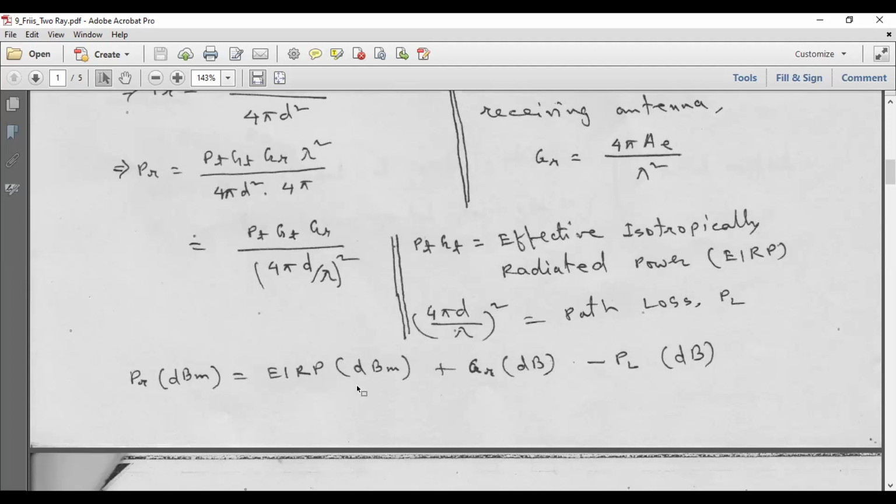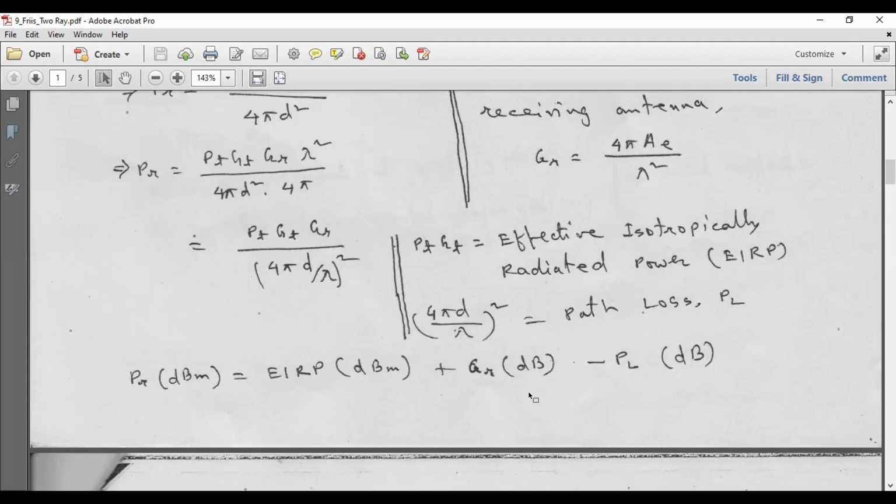Now only one of these terms has 1 milliwatt, and that is usually PT or PTGT. When you keep 1 milliwatt, the practice is that you keep it with PT or PTGT. That's EIRP. The term which has the 1 milliwatt in the denominator, using that part as your reference, should be shown as dBm, while the rest should be shown as dB.